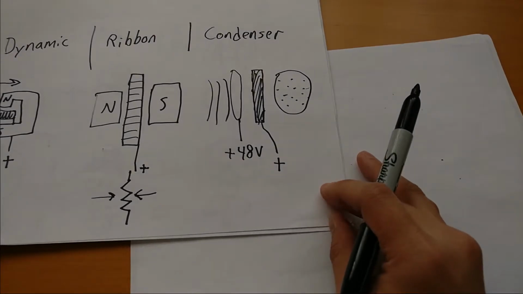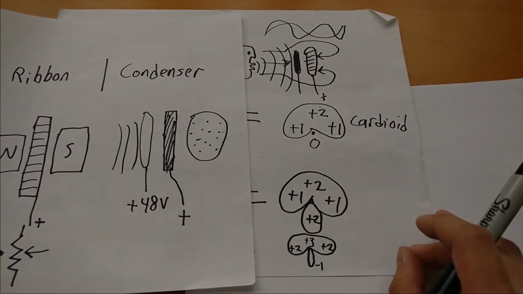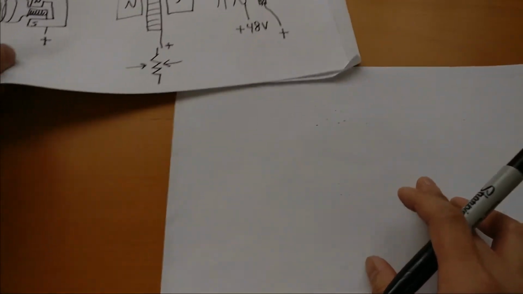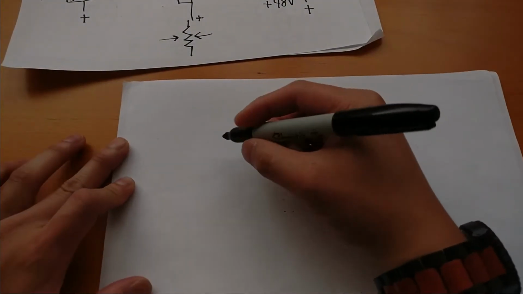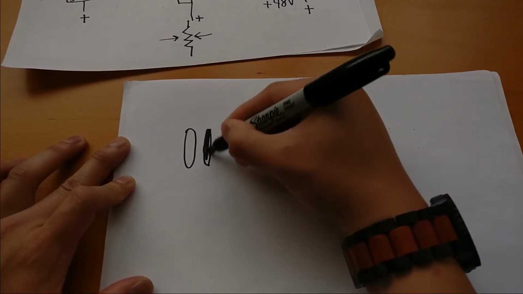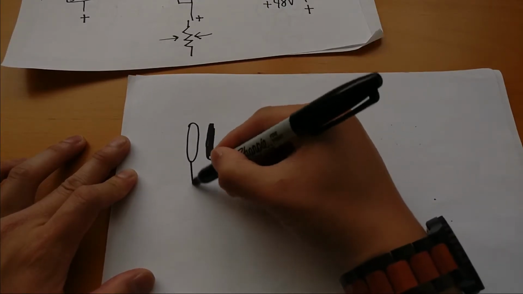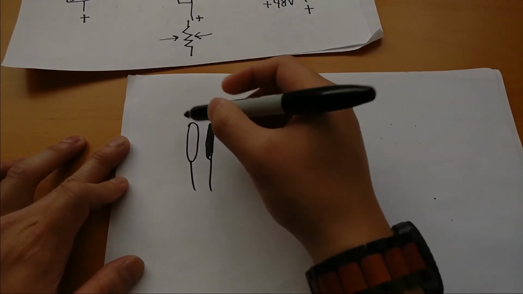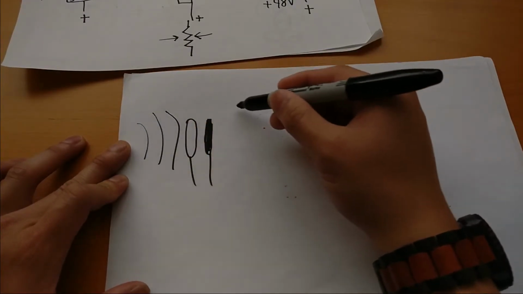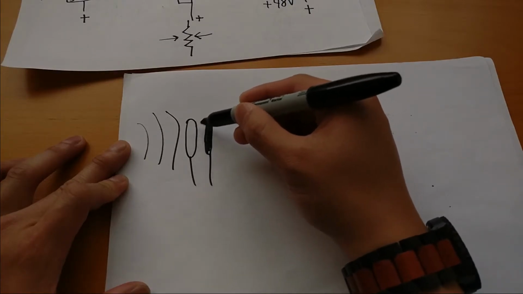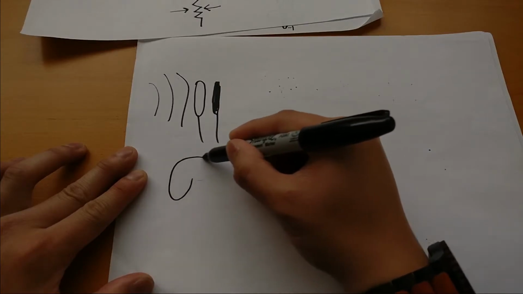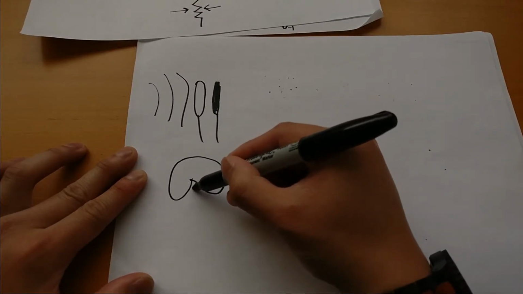So a condenser microphone again creates a cardioid polar pickup pattern like that. So let's say we have one cardioid capsule. Sounds will come like that, hit the diaphragm, come around that capsule, cancel some of the sound coming from the back, and you get your cardioid polar pickup pattern.